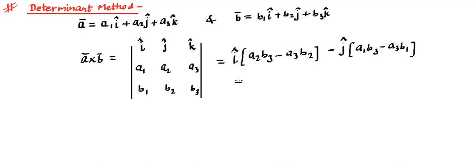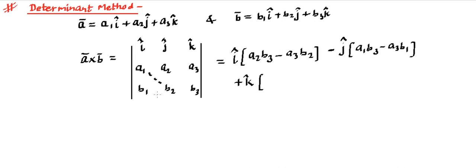And finally we can expand it for K cap, the third. The third has to be written as positive, so it goes alternately: I positive, J negative, K positive. Then we will do the same process. The row it belongs to and the column it belongs to will not be considered. So whatever is left has to be considered.